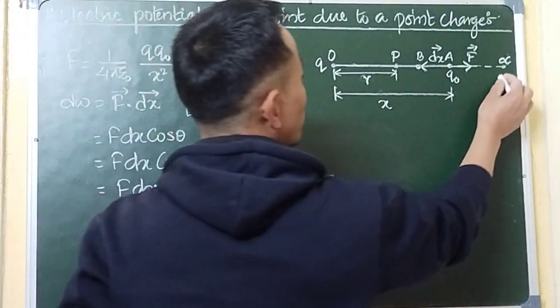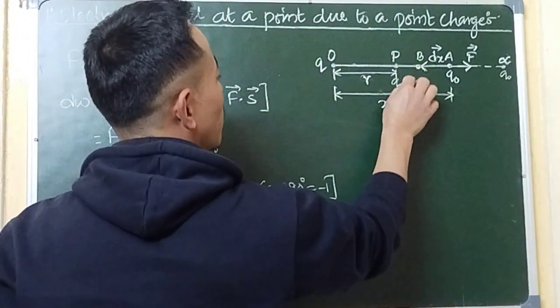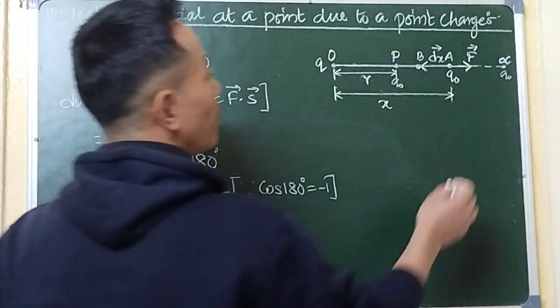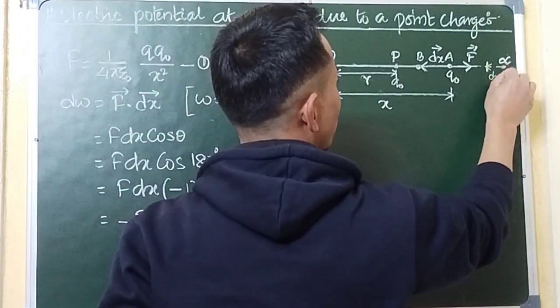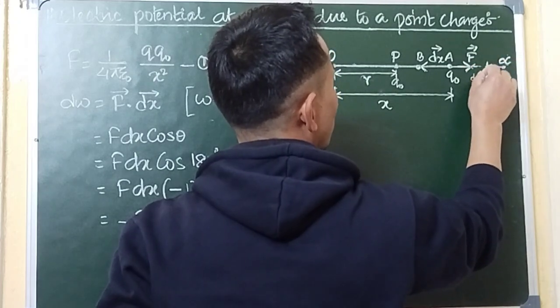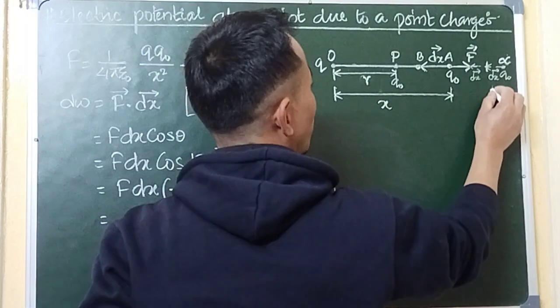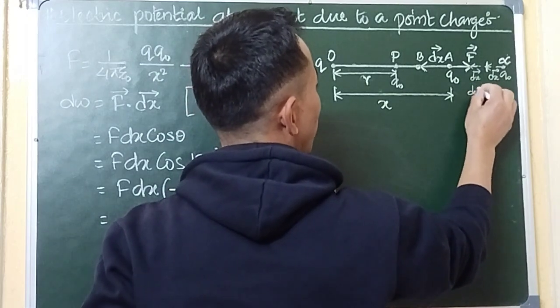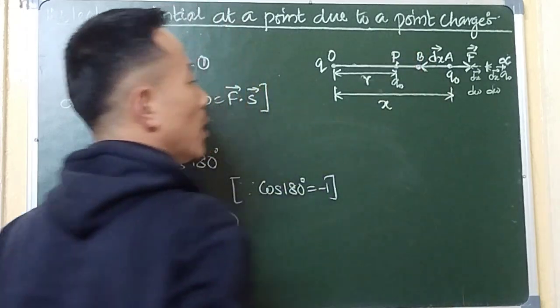So we can bring this charge Q0 from infinity up to the point P, by the same amount of displacement each time. So displace it through distance dx, again dx, again dx. Each time you displace it through distance dx, the amount of work done will be dW each time. In this way, we will come from infinity to point P.